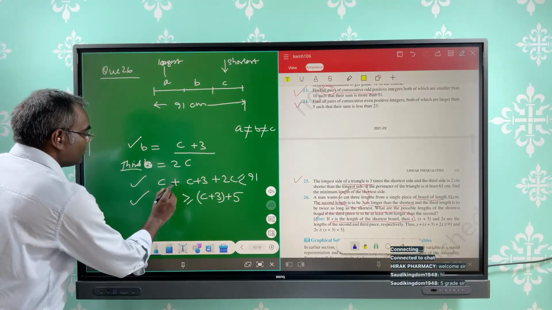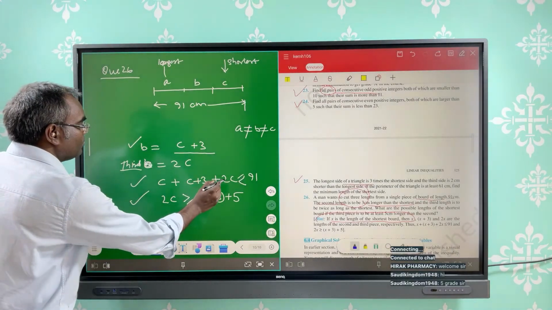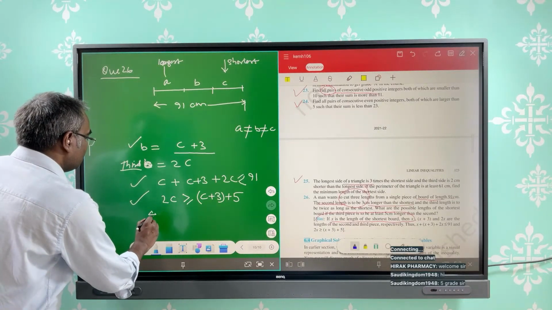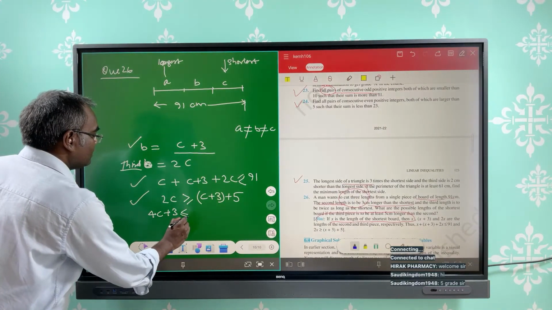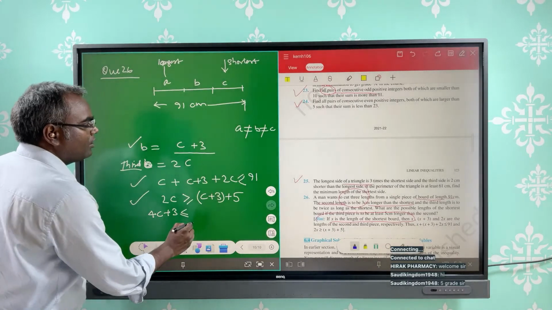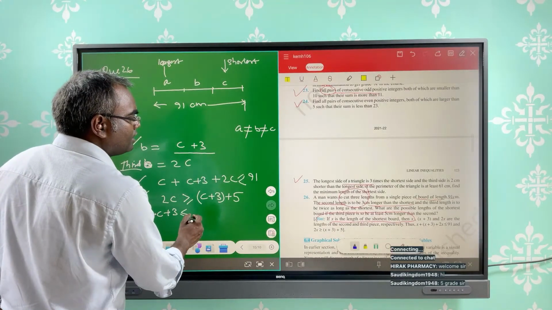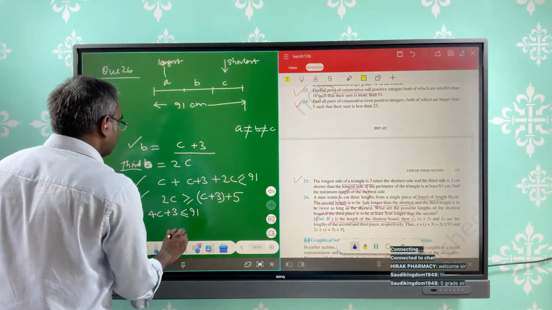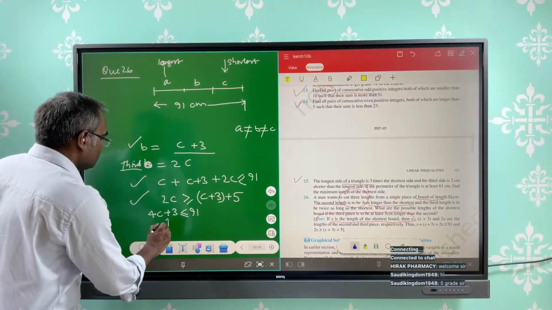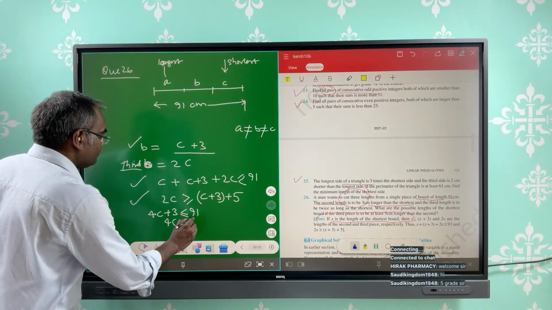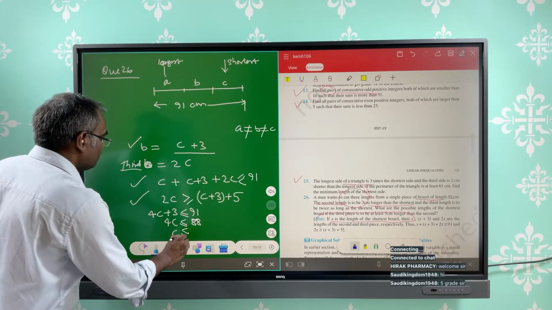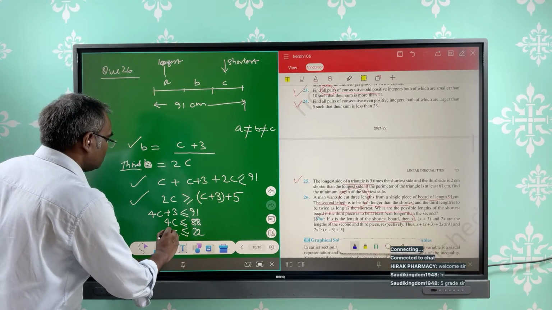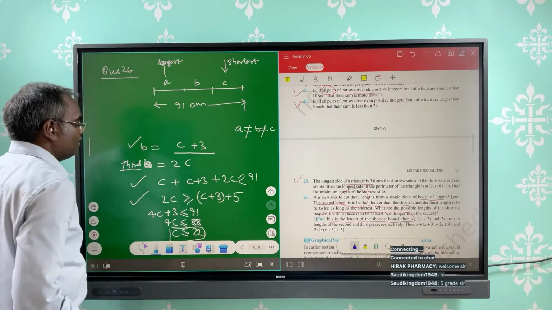How? So c plus c plus 2c means 4c. 4c plus 3 is less than or equal to 91. So 4c is less than or equal to 88, so c is less than or equal to 22, right?